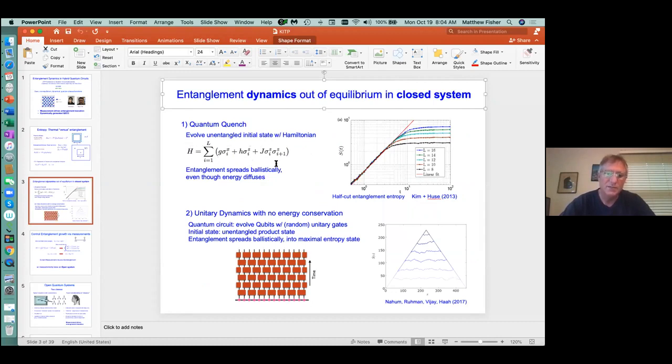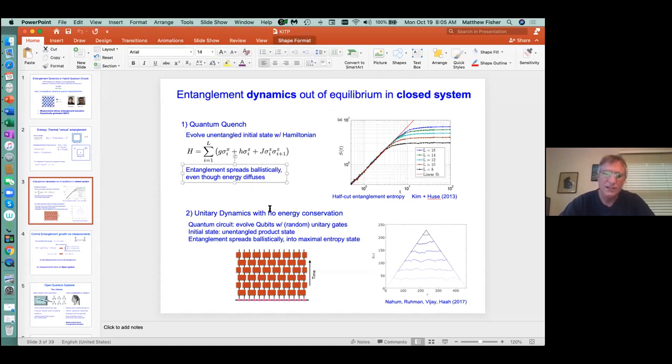If one takes some non-integrable one-dimensional Hamiltonian and evolves an unentangled initial state with the Hamiltonian dynamics, one can look at the entanglement, which starts unentangled. What one finds, as in this paper by Kim and Hughes, is that the entanglement spreads ballistically, even though the energy diffuses. So entanglement grows very rapidly and reaches its maximum possible value consistent with energy conservation.